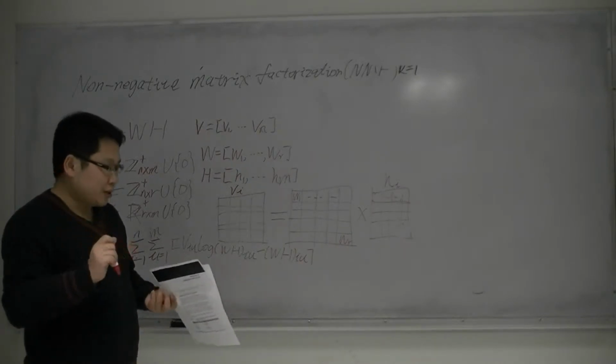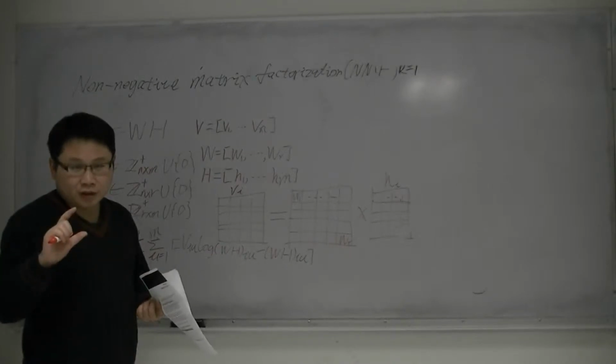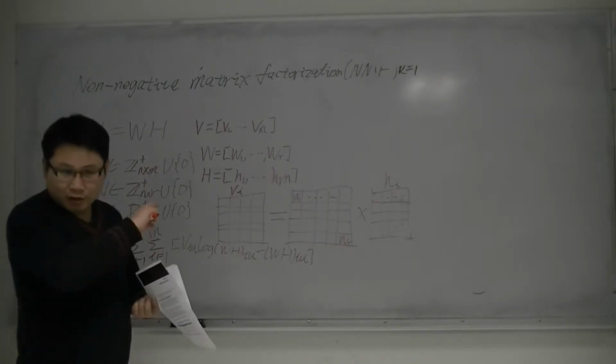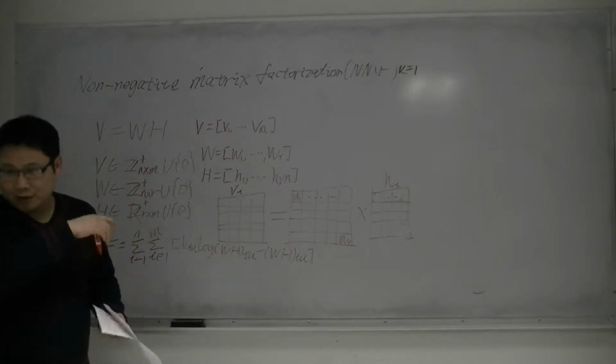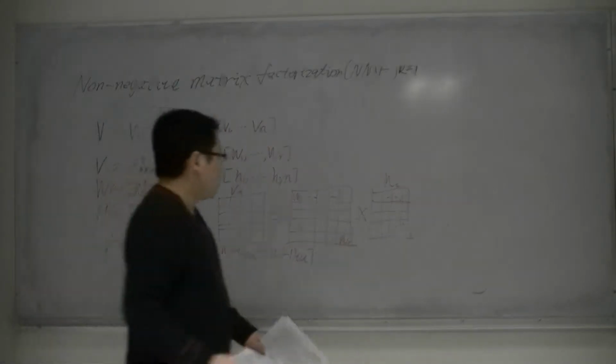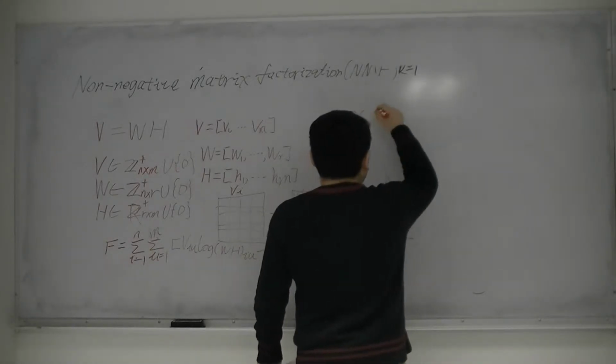Poisson distribution requires the sample to be non-negative. So it's just like I require this Poisson distribution. This is the probability mass distribution of Poisson.